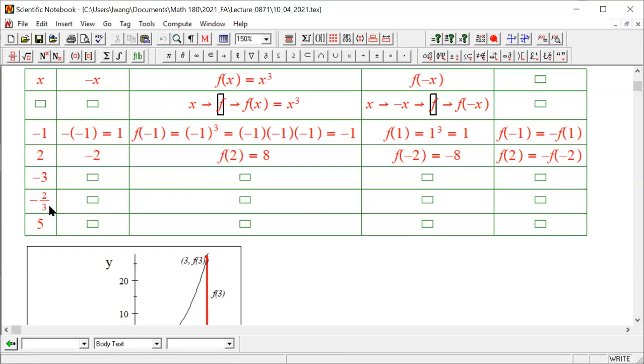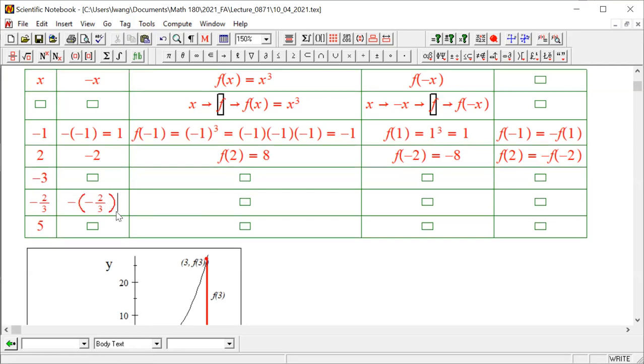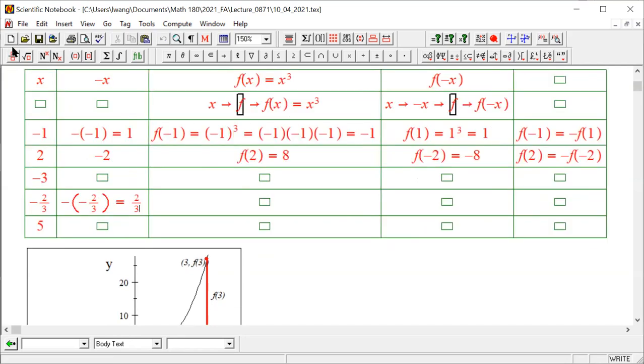Okay. The opposite of negative 2/3 is negative of negative 2/3, which equals 2/3. Then we apply the function rule to the input of negative 2/3.